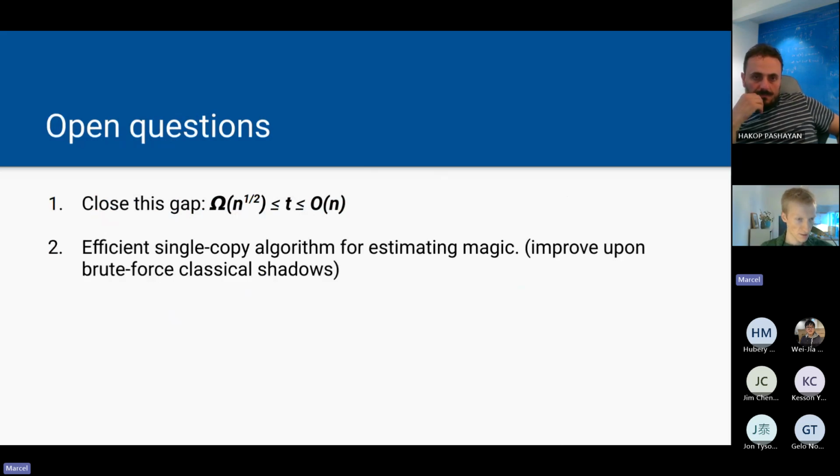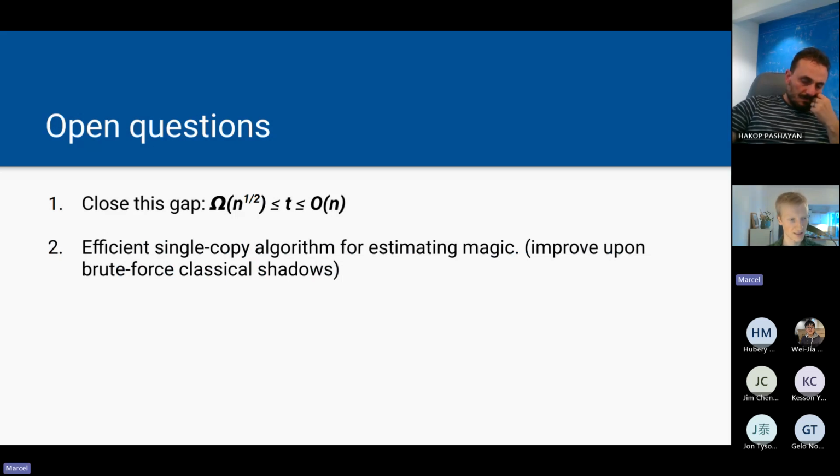And the other thing is that what I would really like to see is an algorithm that goes beyond testing for zero magic. A stabilizer test, if you run it and you see a reject, if you see your state is not a stabilizer state, you still have no idea whether the state has a lot of magic or maybe just a little bit.